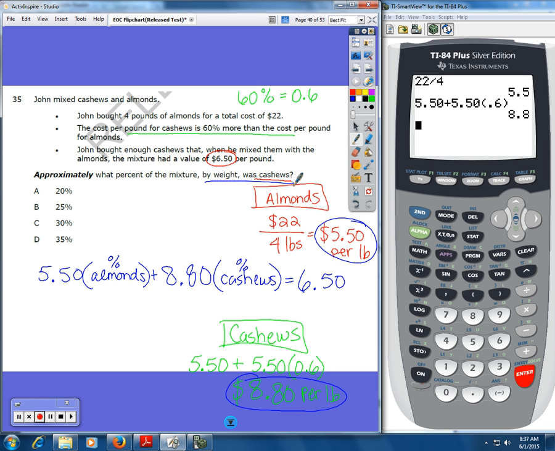Now, the question says approximately what percent of the mixture by weight was cashews. All right. Now, there's several ways that we can do this. The easiest option, though, at this point is to do guess and check. So this is talking about the potential prices for cashews. So what I'm going to do is if I do 20% cashews, so 0.2 for cashews, then that means that 0.8 is going to be almonds.